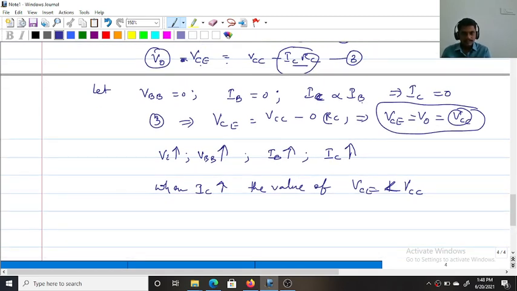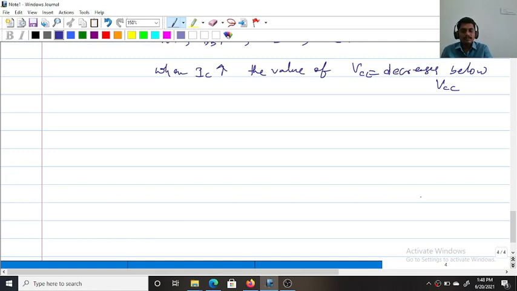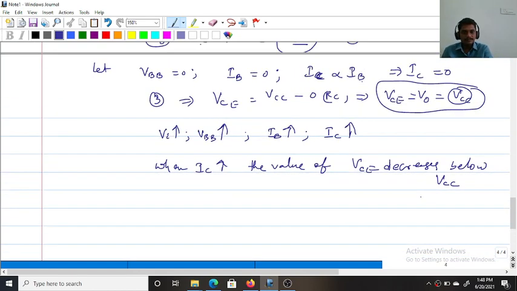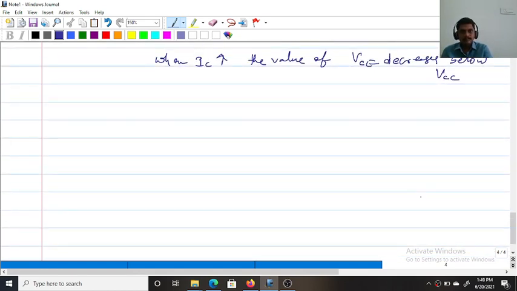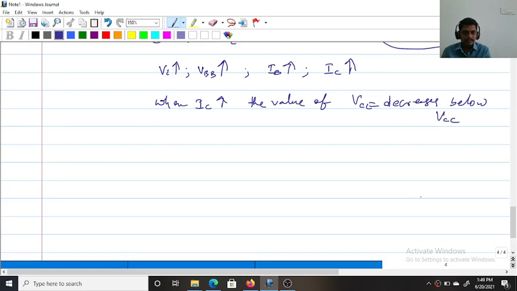So VCE we can write like this: when IC increases, VCE decreases below VCC. We can also draw one more graph here.